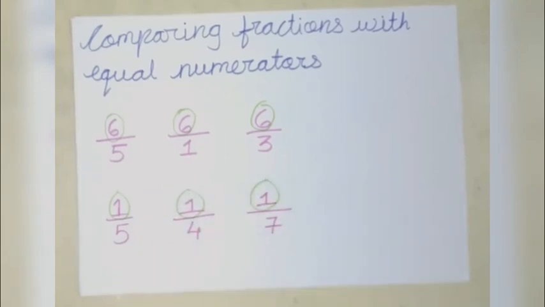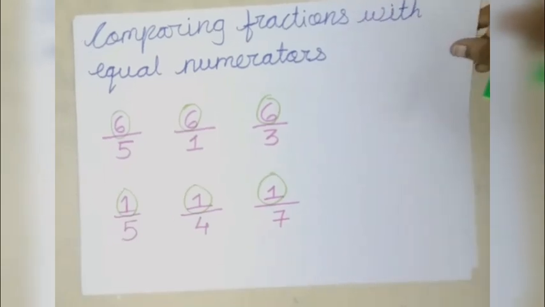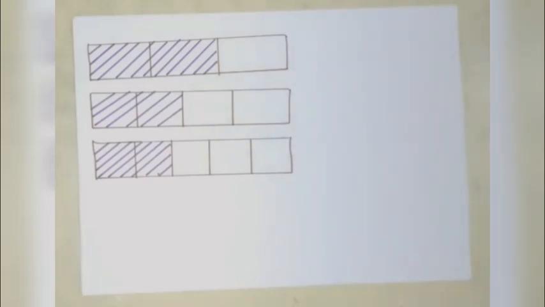Numerators are equal. So children, I will tell you how to compare such fractions. Children, you have learned that the value of fractions with numerator 1 decreases as the denominator increases.